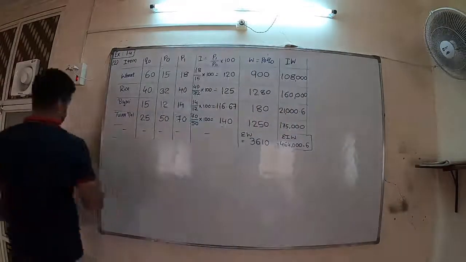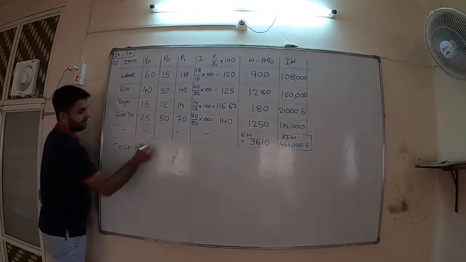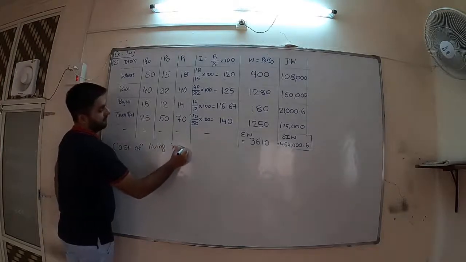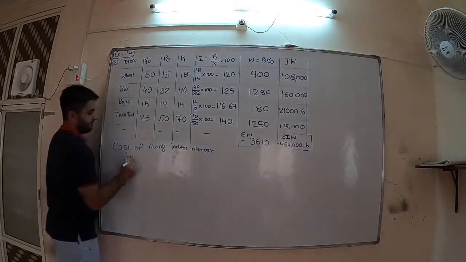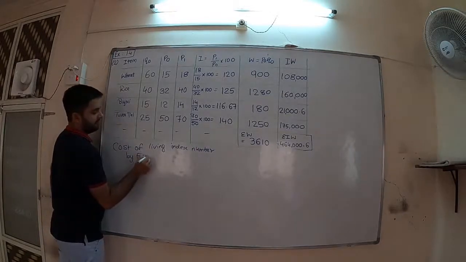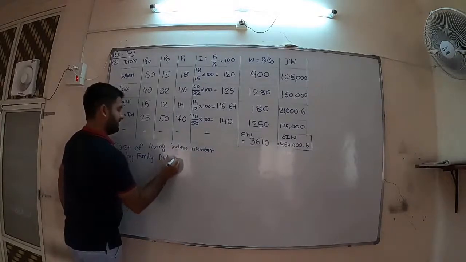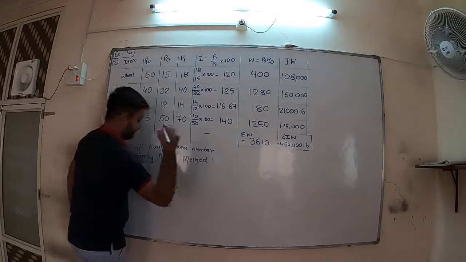we will find the cost of living index. So as I said, how to write cost of living index number by which method? Family budget method.